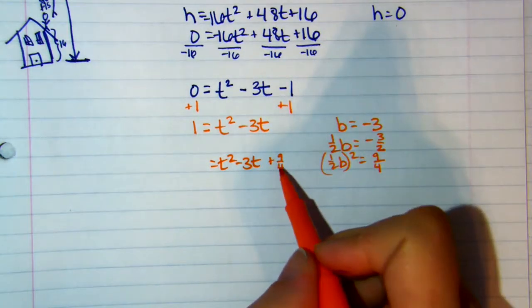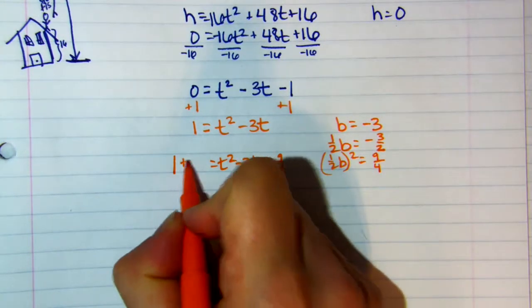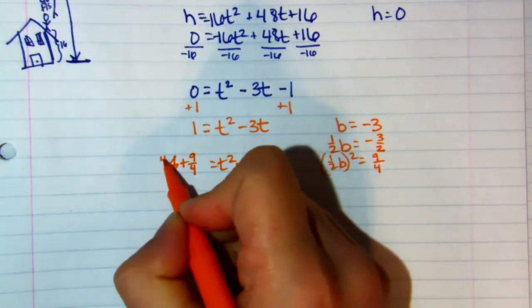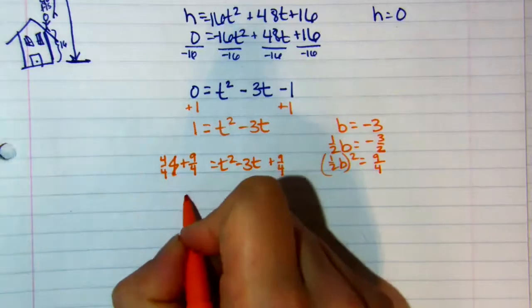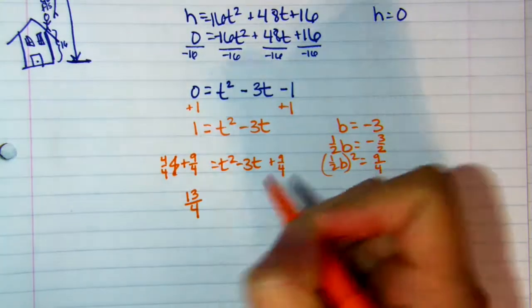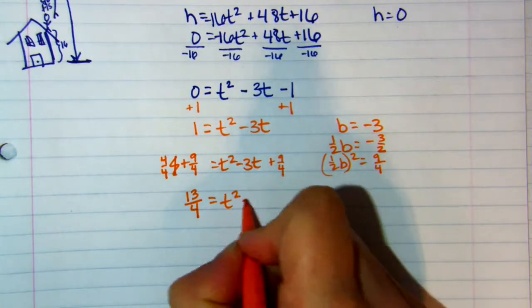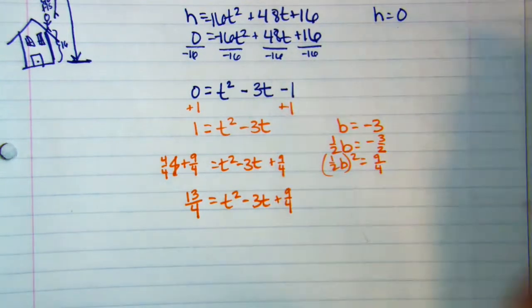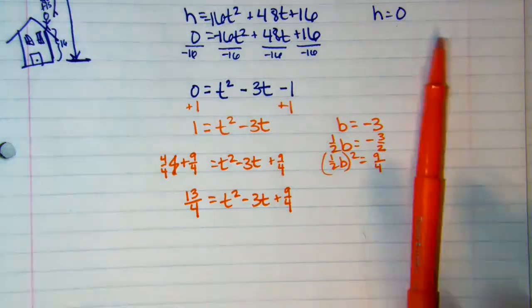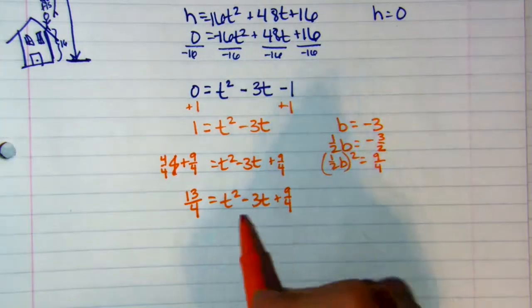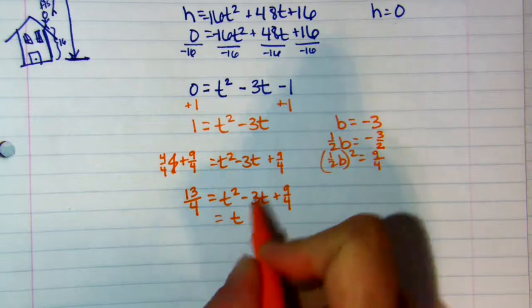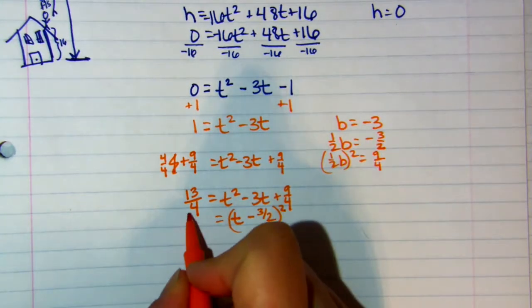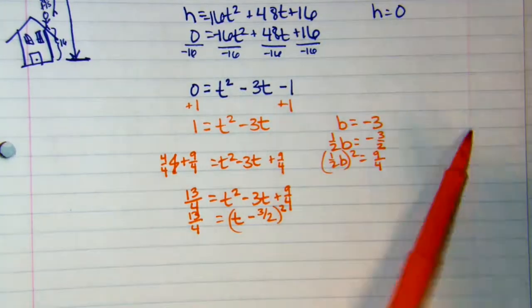If I add 9 fourths over here, this is going to be 1 plus 9 fourths. 1 is 4 over 4, so really I have 13 fourths on the left, and I have t squared minus 3t plus 9 fourths on the right. From here, this will factor to t minus 3 halves squared, and that's 13 fourths.